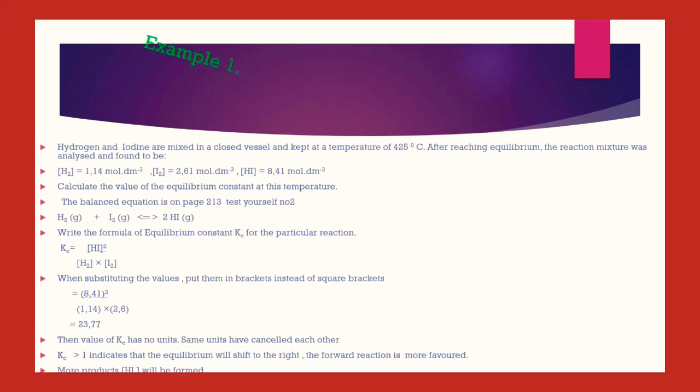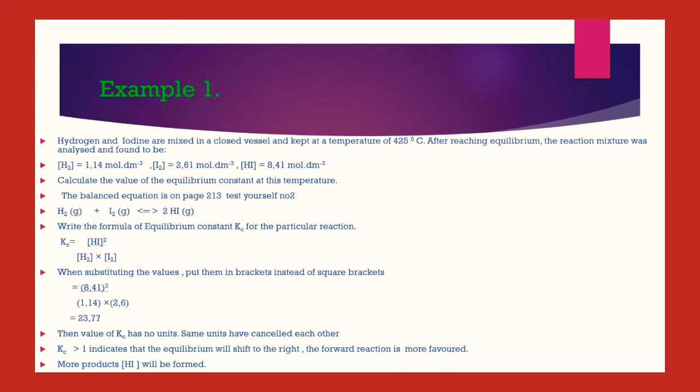Example 1. Hydrogen gas and iodine gas are mixed in a closed vessel and kept at a temperature of 425 degrees Celsius.